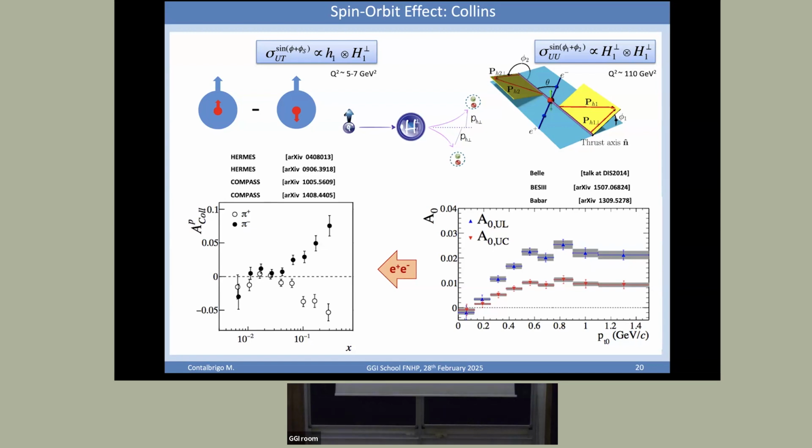So this provides you a sort of analyzer, because if you measure the final state, if the final state distribution is dependent on the spin orientation of the quark, then you have a method to measure the spin that the quark had at the beginning.